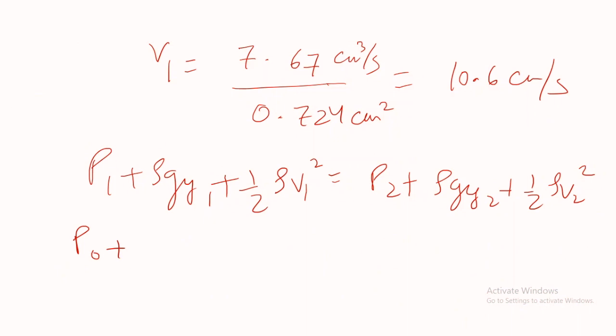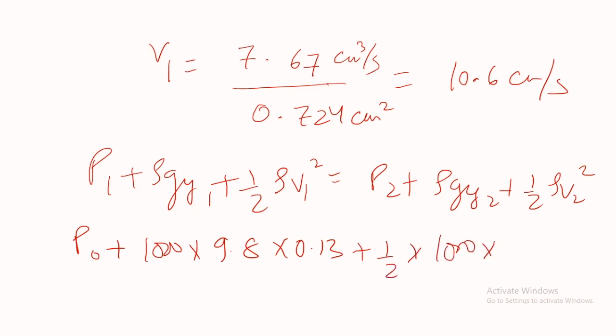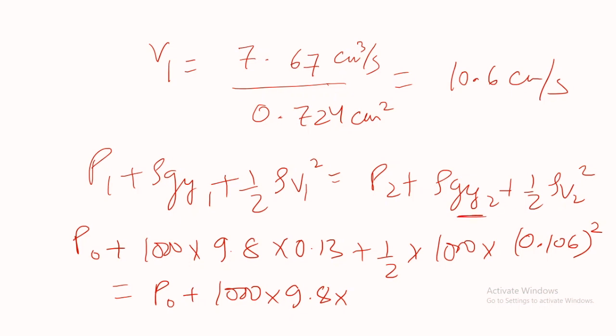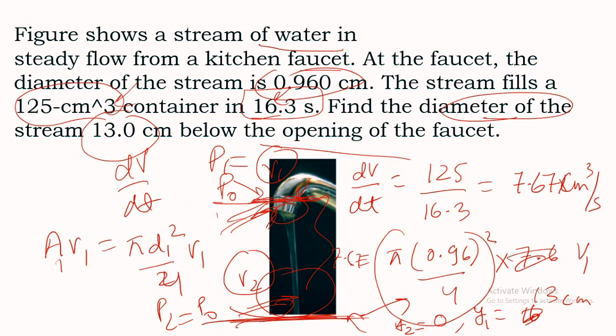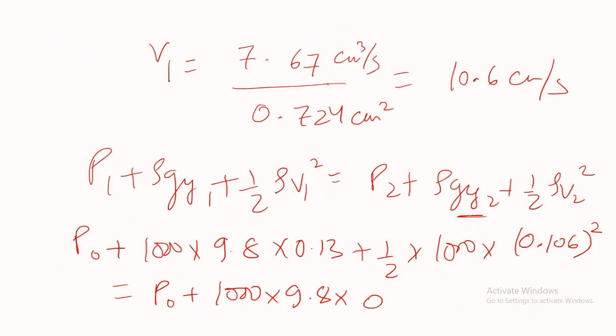P1 is P naught plus rho, which is 1000, into 9.8 into 0.13, plus half into 1000 into v1, which is 0.106, whole square, is equal to P naught plus 1000 into 9.8 into y2, which is 0 because this is the reference point, plus half into 1000 into v2 square.